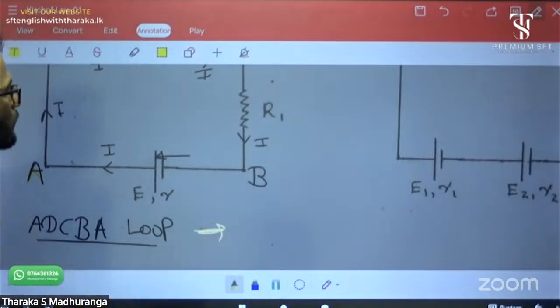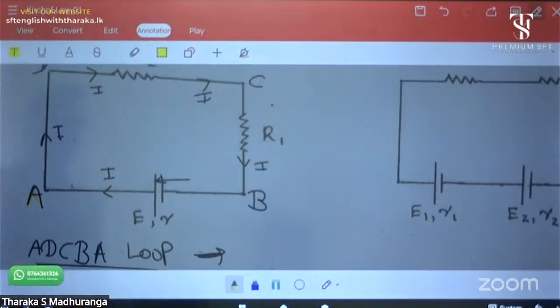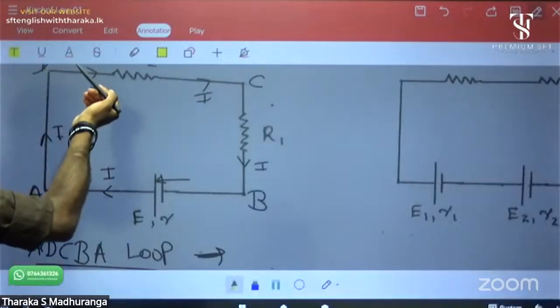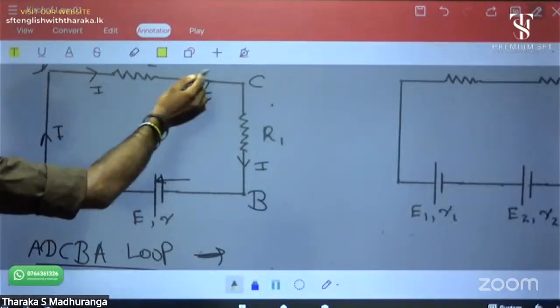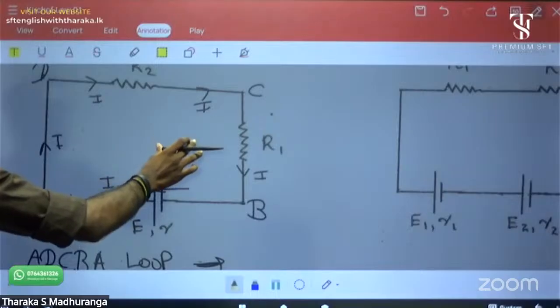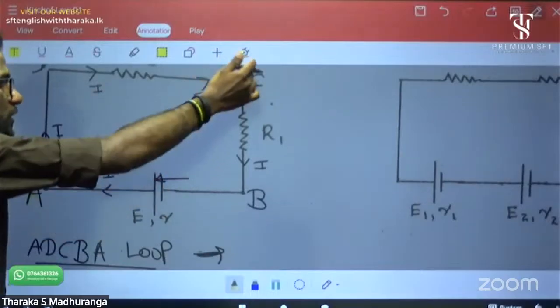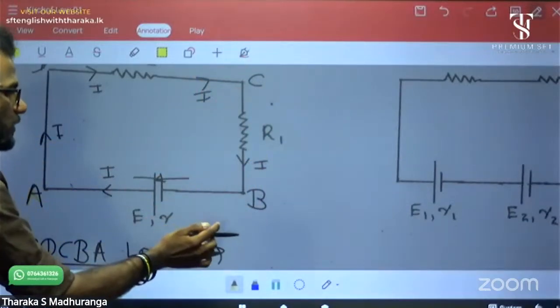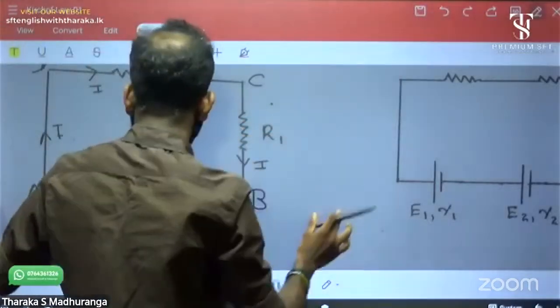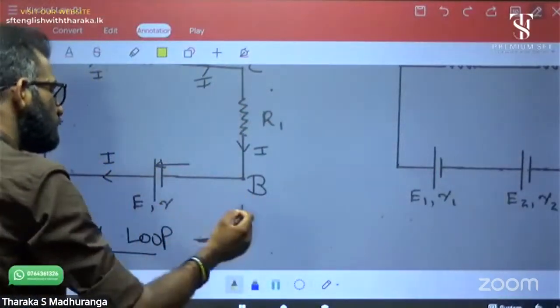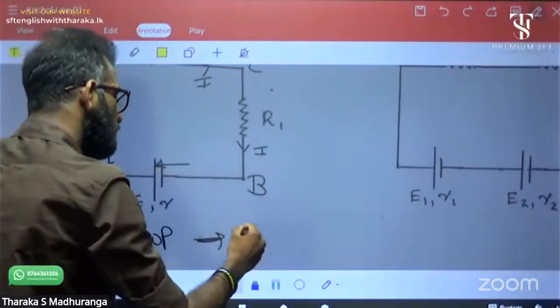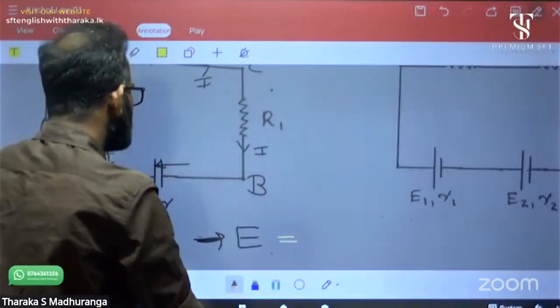Now I find A to B, no battery. B to D to C, no battery. It has only one battery. It is positive because my direction and the electromotive direction are the same. It is E equal to.